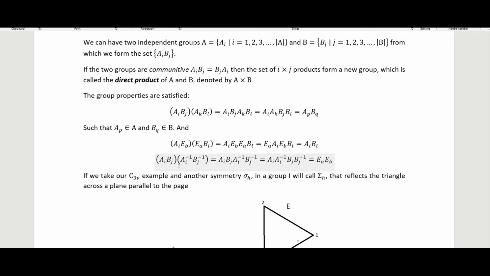And we can do that also with our inverses here. So we have A sub I and B sub J, and then in this parentheses the A sub I inverse and B sub J inverse. Once again we can move those around because we said they were commutative, and we get the combination of both identity elements here.